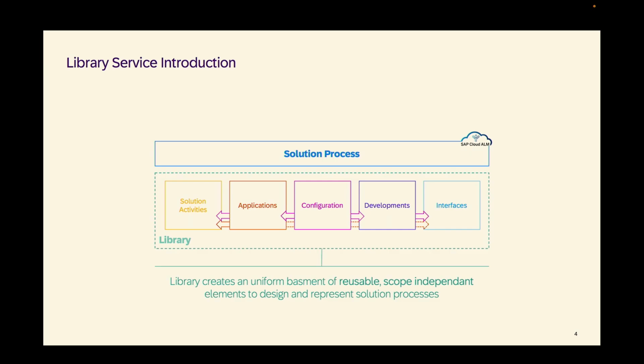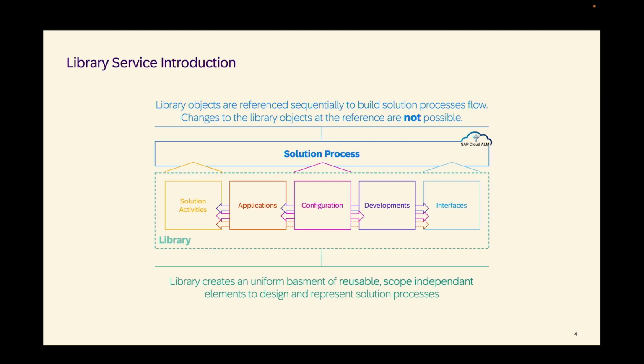So you will be able to assign the configuration type of library to all the other types as well. Development elements will be able to be assigned to applications, to solution activities, or to interfaces. And then finally, all the library elements will build the solution processes.